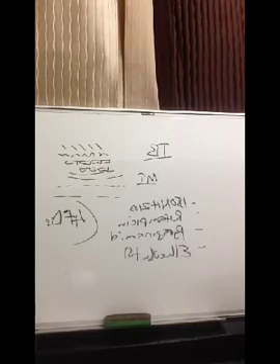It works by inhibiting the synthesis, or the production, of mycolic acid. Mycolic acid is part of the cell wall of Mycobacterium tuberculosis. It's what makes its cell wall structure. So isoniazid works by stopping the production of the cell wall.